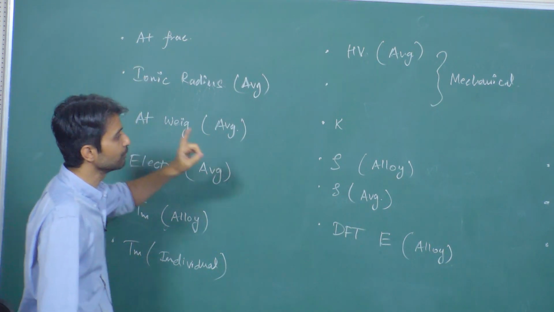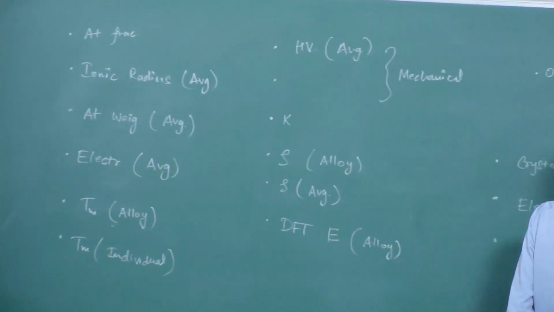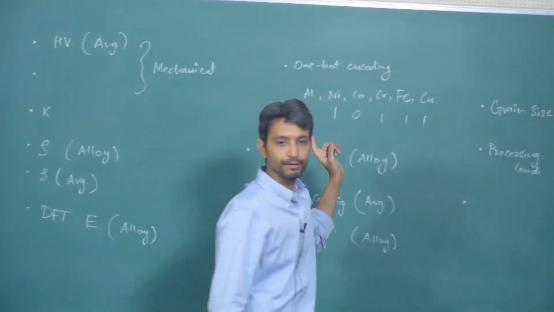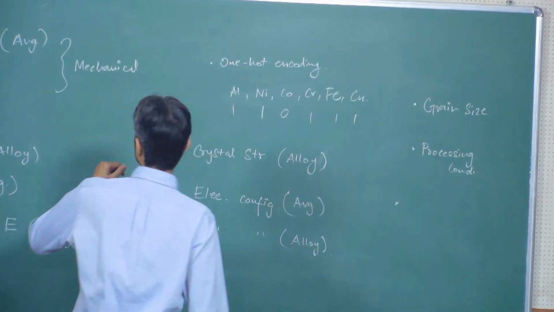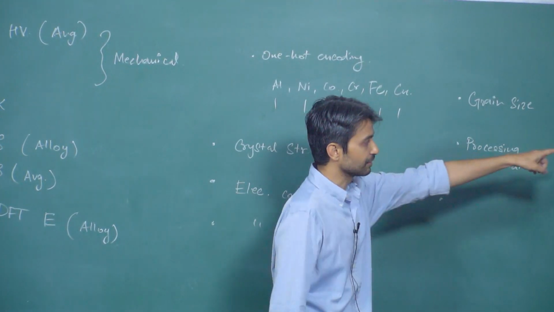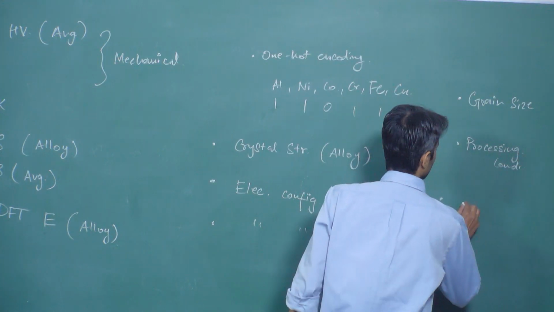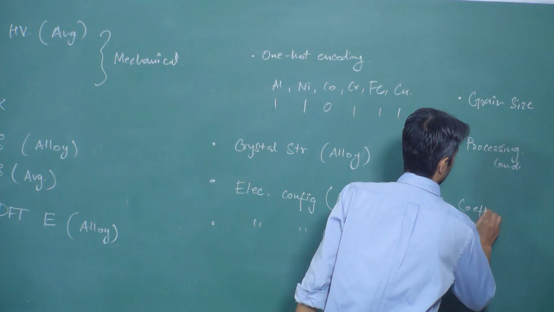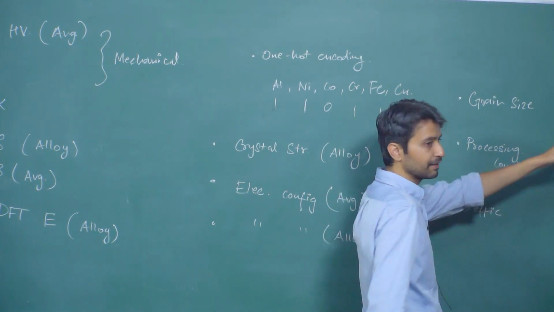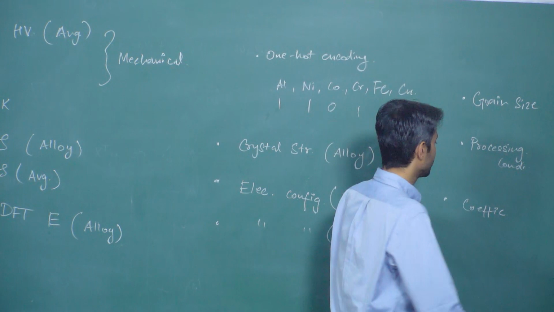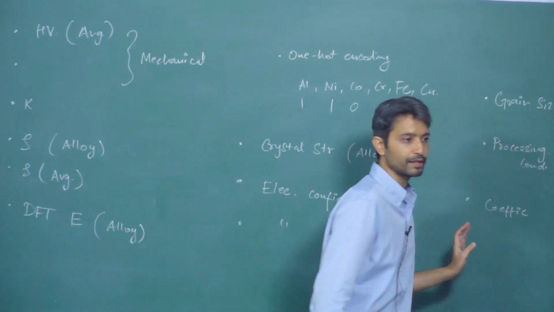Let me add one more thing. Rather than saying atomic fraction, I'll add just the coefficient here, the stoichiometric coefficient. I think that's the way to say it. So this coefficient also I have added.